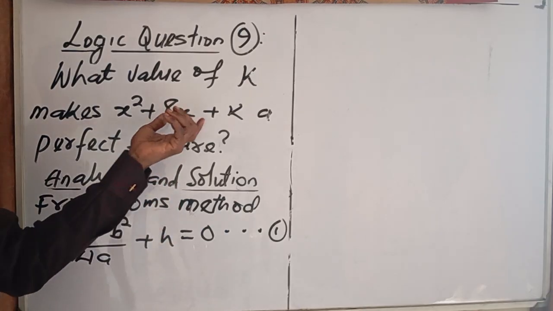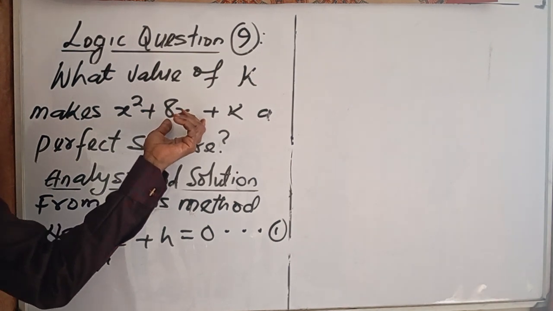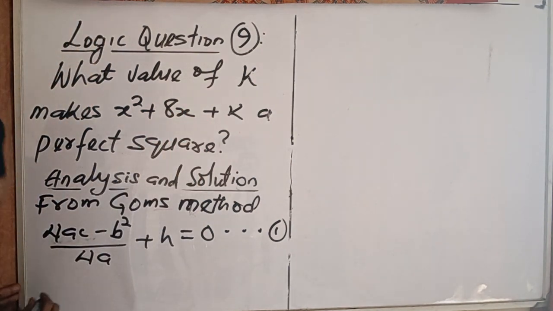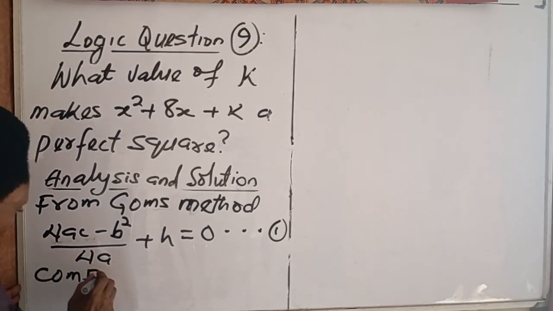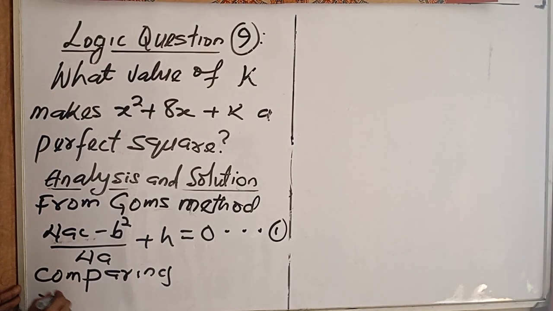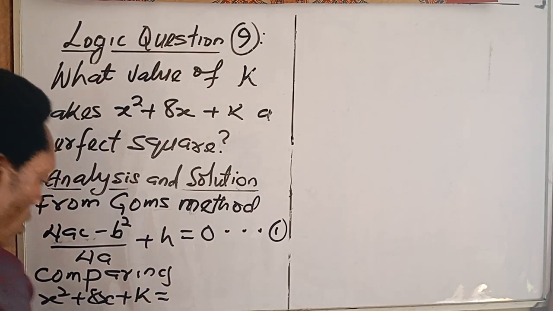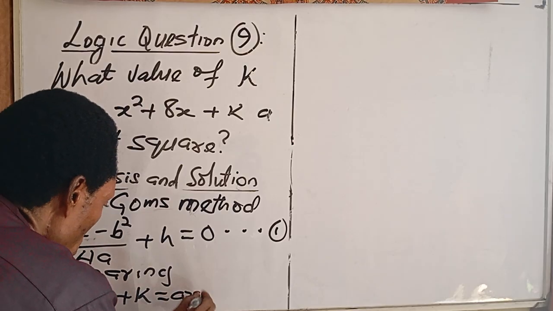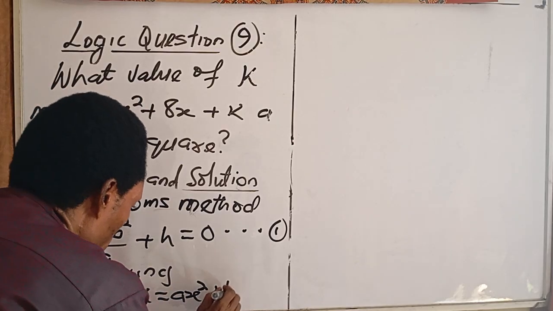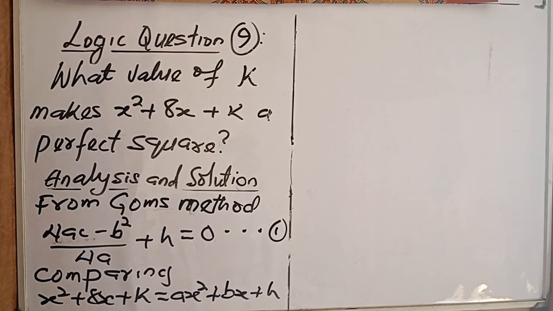Comparing this expression with the general quadratic format, this is what I mean. Comparing x squared plus 8x plus k equals ax squared plus bx plus h.